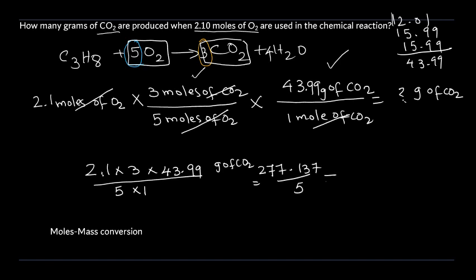I will not round until I reach the final answer. So I will leave all the numbers like that. So that will give me 55.4 grams of carbon dioxide. How many significant digits do I need? 2.10 means I need 3 significant figures. So I can write 55.4, that is the correct significant number, grams of carbon dioxide.